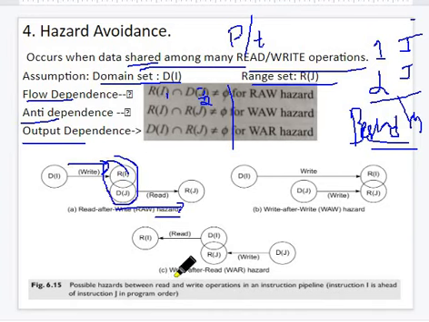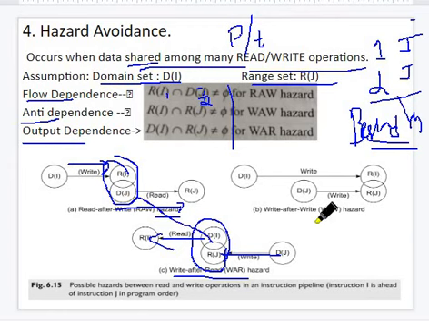Next one, write after read. First you finish the write, then read. Actually you can also do it in reverse, not a problem. One is trying to write but has not yet completed, and some other process is trying to get the data. So the same type of problem.